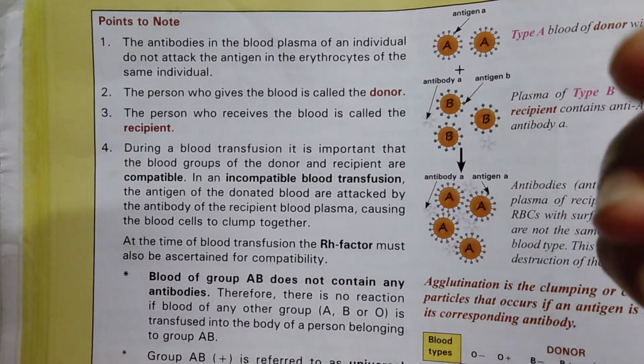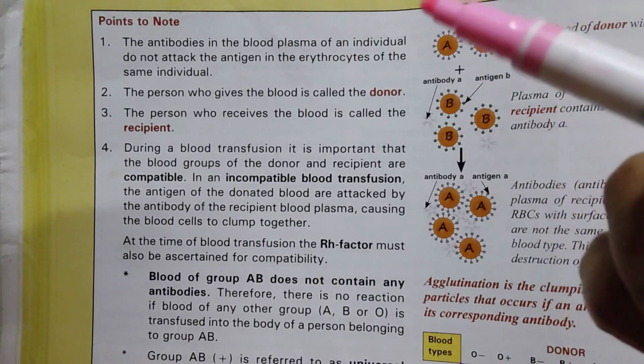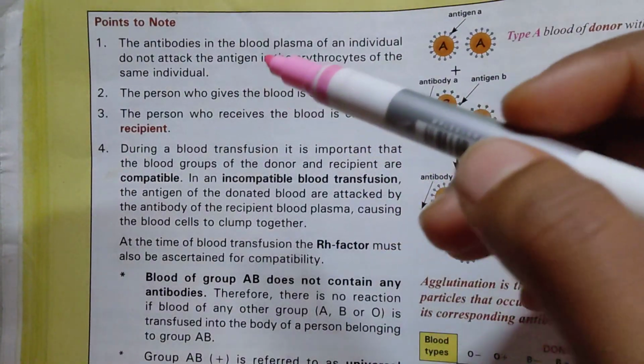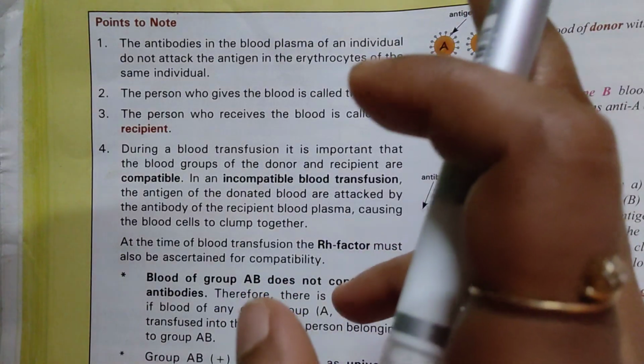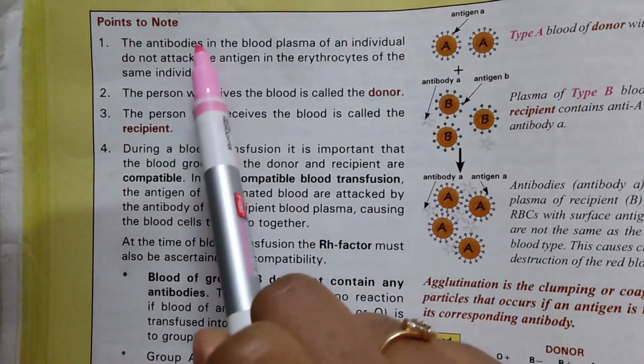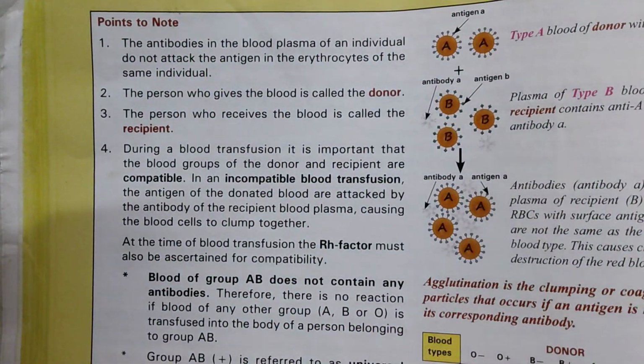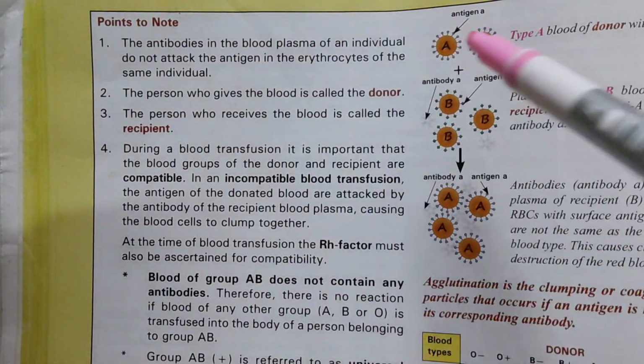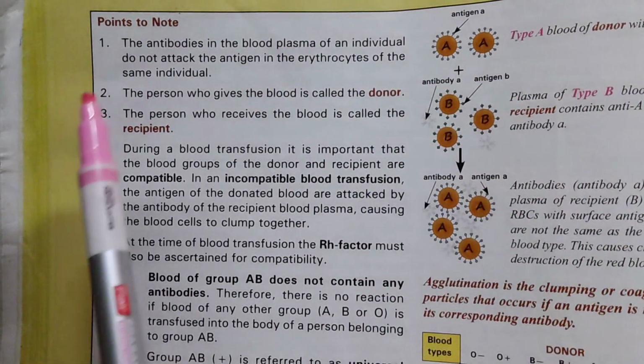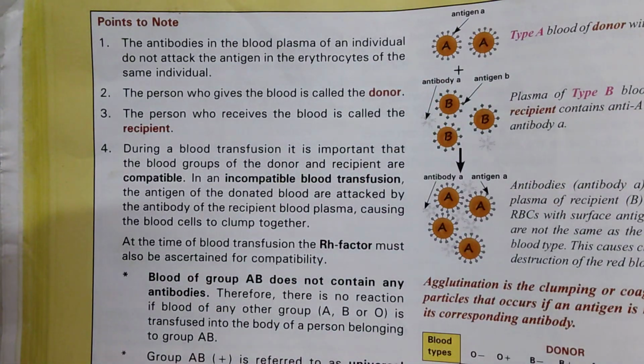Only if a foreign antigen comes inside your body and it is not able to recognize the similar antigen will these antibodies attack the erythrocytes. So this is a very easy factor to understand.